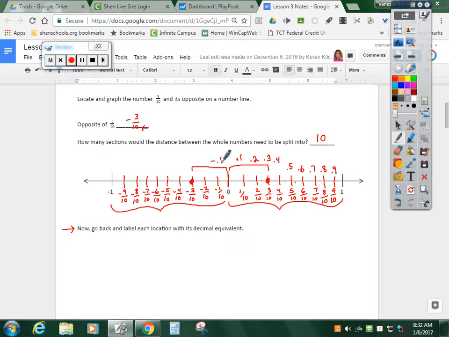You're down 0.1 or 1/10, down 2/10, down 3/10, down 4/10, down 5/10, down 6/10, down 7/10, down 8/10, down 9/10, down a whole. Okay, these are all rational numbers. 1 is rational. All of these fraction or decimal pieces are rational. So that's a great introduction to rational numbers.